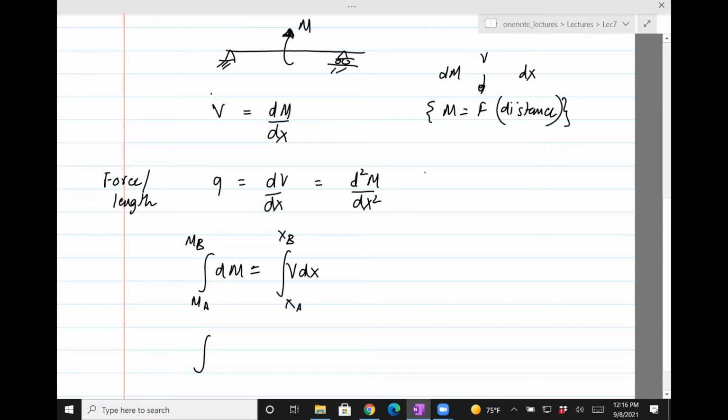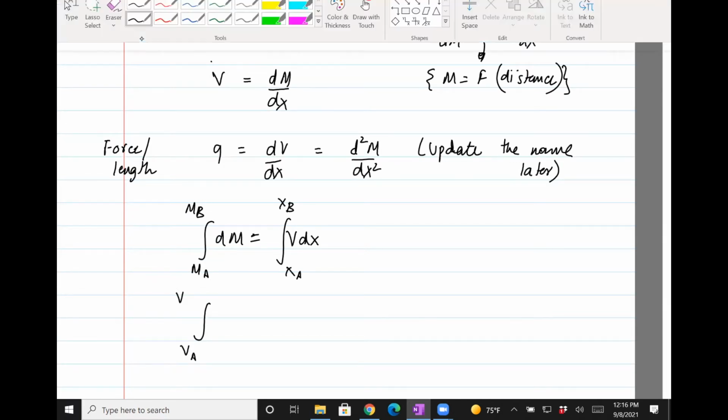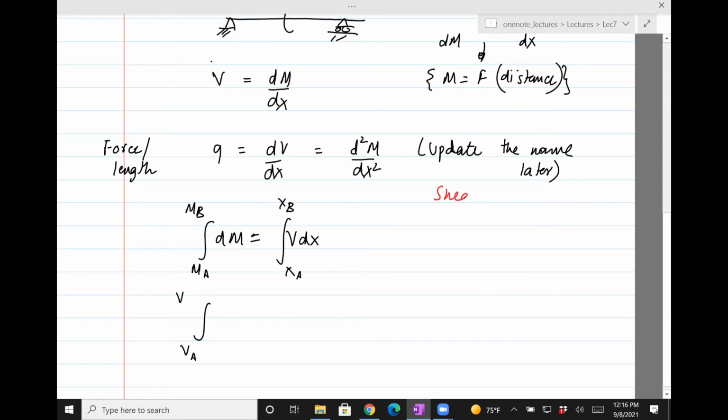I'll update it later. Shear load, maybe it's called shear load. Let me put that in. I'll verify it. My notes will be updated with the correct name for it.